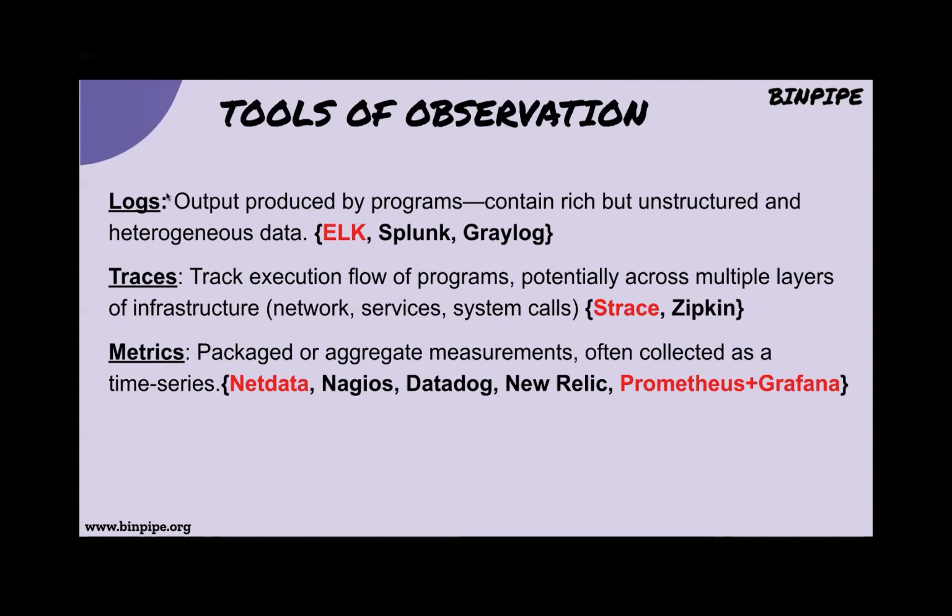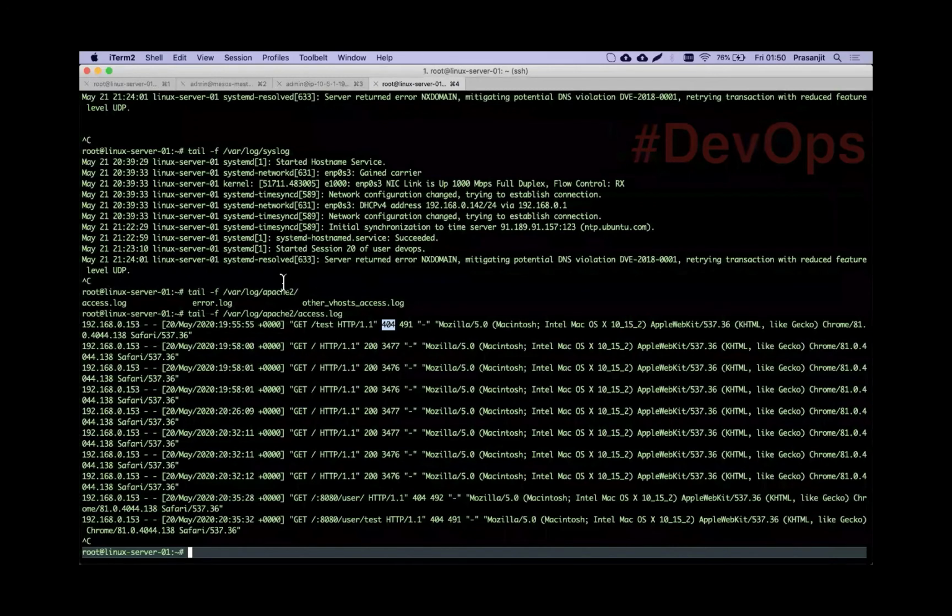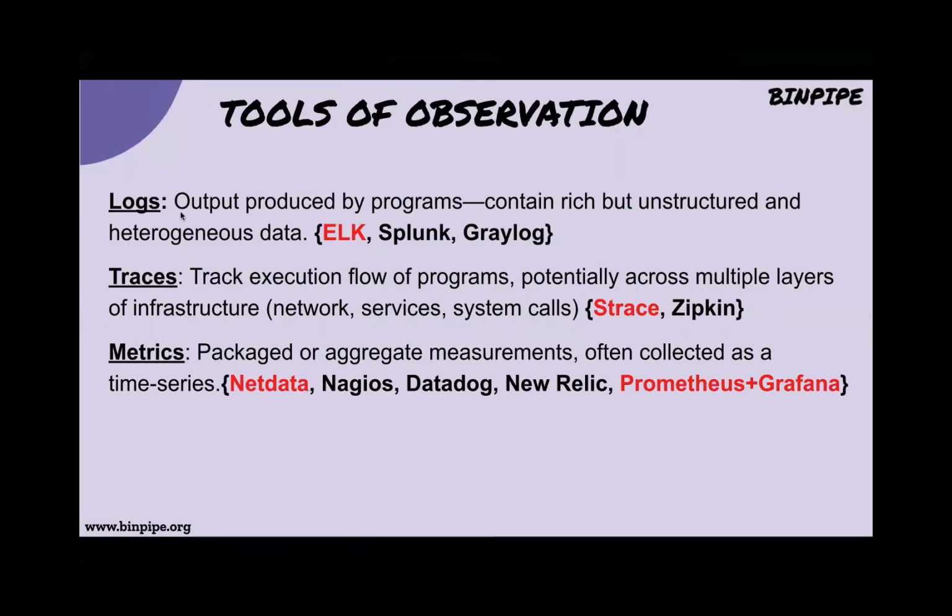That is one tool of observation: getting the logs to a software, going into the dashboard of that software, and watching and filtering those logs, and seeing whatever events are going on. That way we can identify which server went down, or which server is having errors, from one dashboard, instead of having to SSH into those 100 servers and check. So that is about logs.